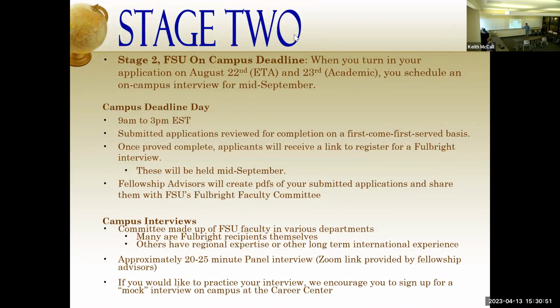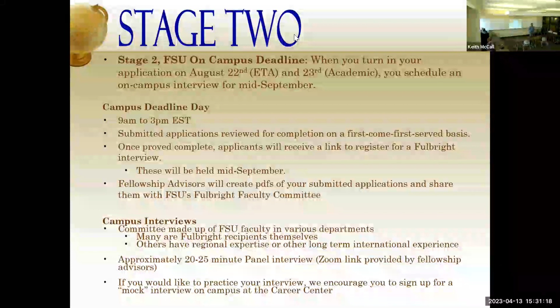Again, the student I met with earlier today who's interested in the Spain ETA, for her supplemental project, would want to work with refugee resettlement in Spain. She's done a lot of that work already in the United States, and she could get a letter from a supervisor who has worked with her in that capacity. So 2 of her recommendations could be from FSU faculty who can talk about her ability to teach and to have well-developed pedagogy for the teaching English as a second language work that she wants to do.